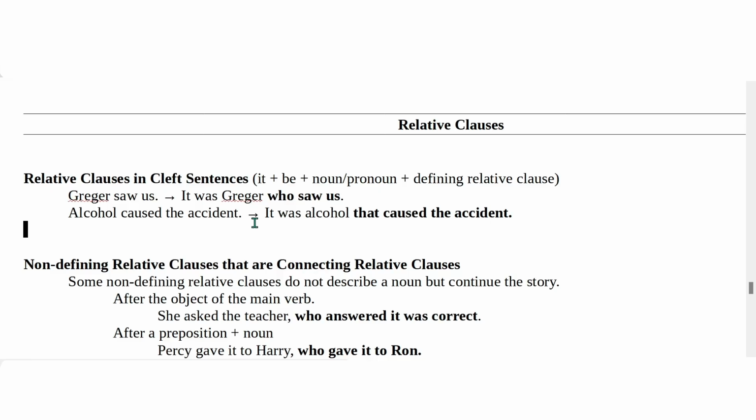For example, then it was the accident, or it is the accident that was caused by the alcohol, or just alcohol in general, by alcohol. It is the accident that was caused by the alcohol, by alcohol.